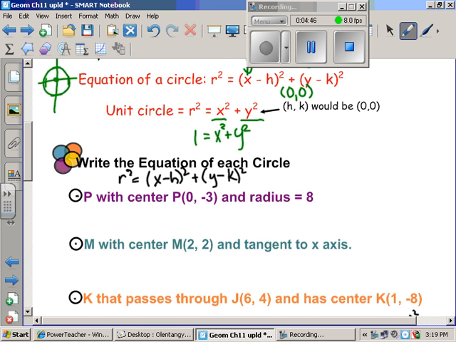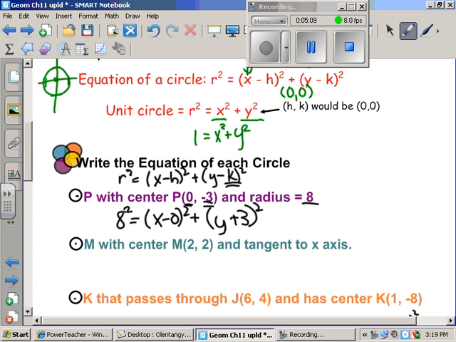We know r is 8, so I'm going to put 8 squared equals, and then h is here, so it's x minus 0 squared plus, and k is right there, so it's y minus negative 3, which is plus 3, squared.